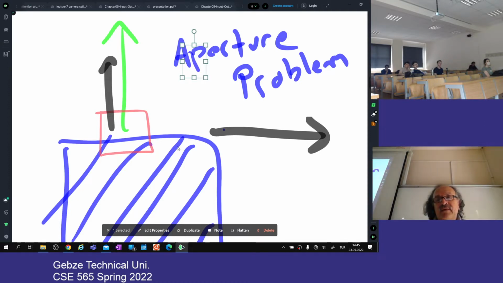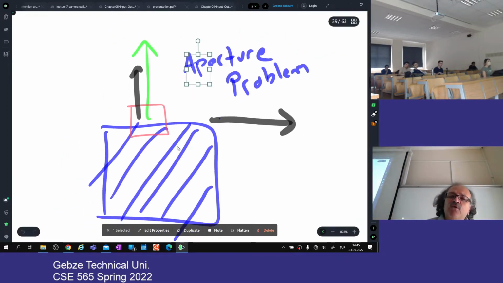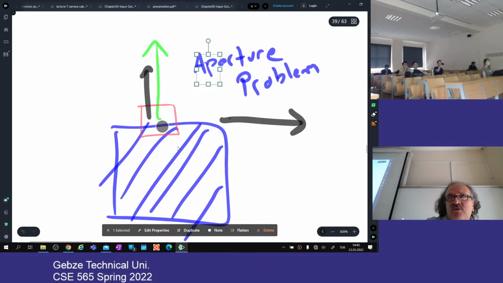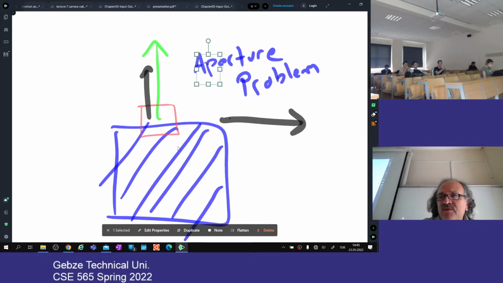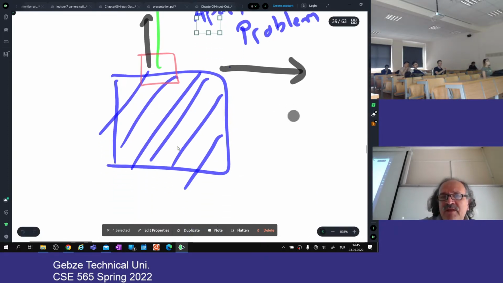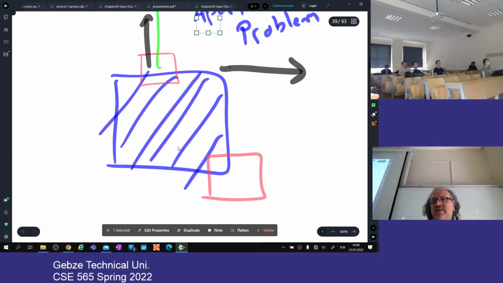So it is kind of how lucky you are. I won't be able to give you the velocity vector for this kind of case, but what if I am looking at an aperture like this?